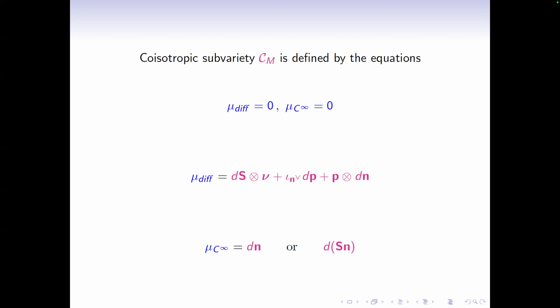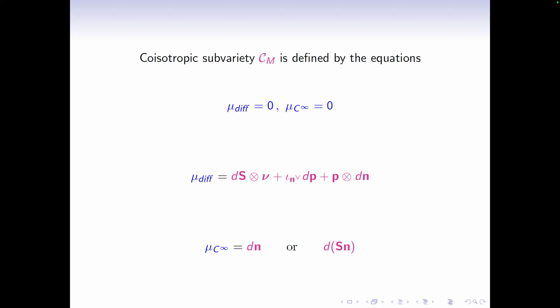And the fact that it preserves the symplectic form means that the contraction of this vector field with the symplectic form is closed. And usually we impose the additional requirement that it's actually exact, so it can be written as a differential of a function, and this function is linear in psi.